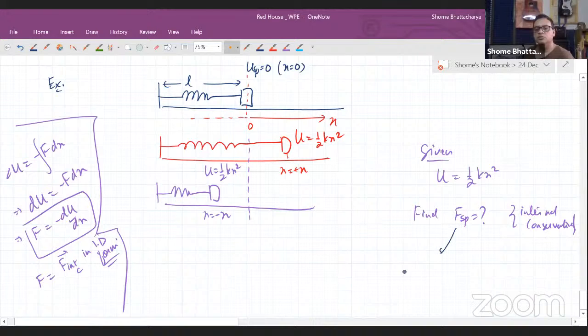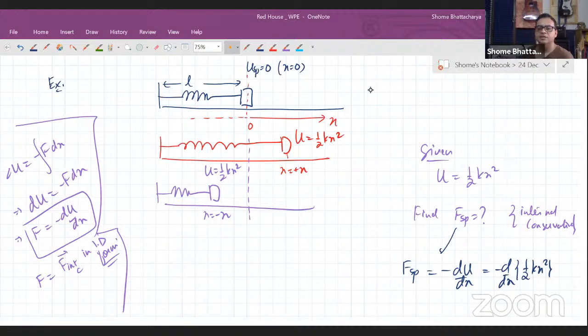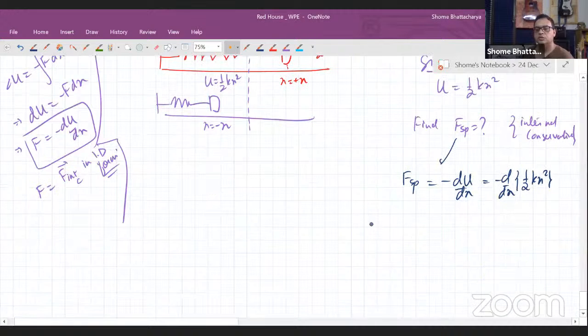So how we'll find this now? We'll use this formula. So the spring force should be minus dU by dx. So minus of derivative with respect to x of this potential energy. So k is a constant. Now the minus sign will just show us the direction of the force.